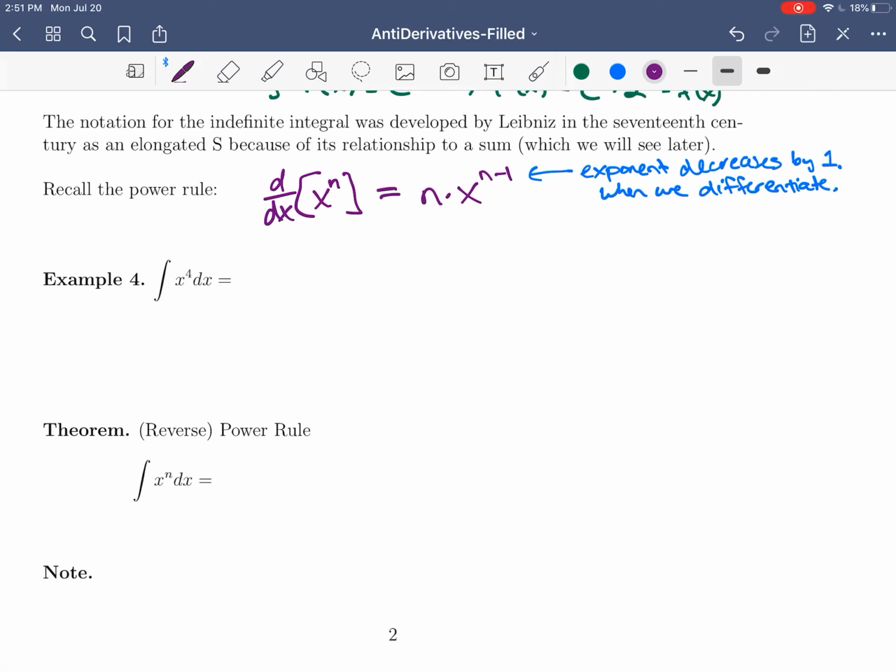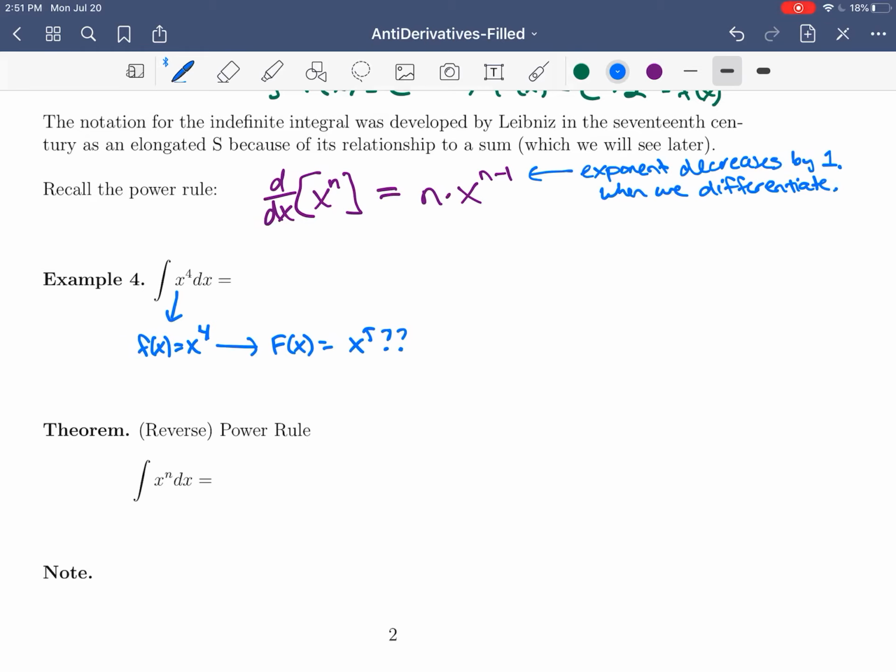So if it's a power of x, as it is in example 4 here, my little f of x is x to the power 4, it probably had to come from an x to the 5. Because when I differentiate, the power goes down by 1.